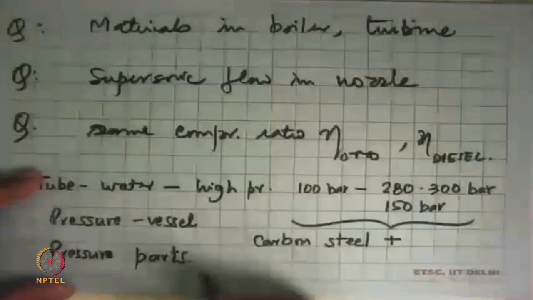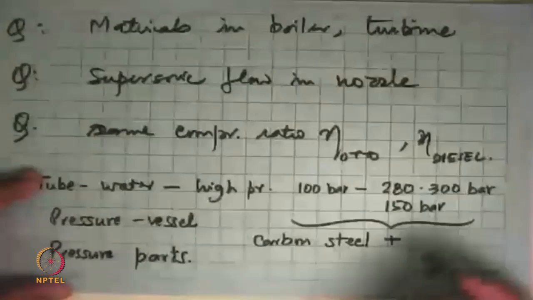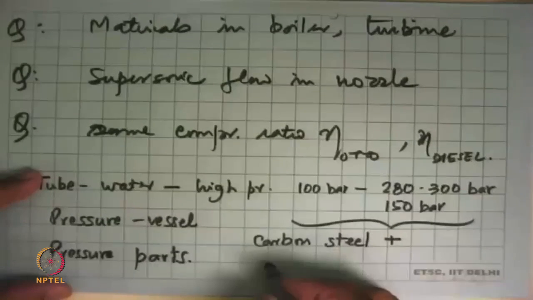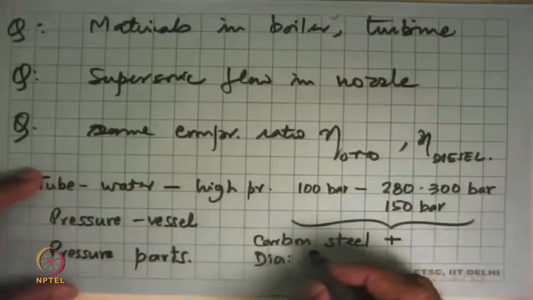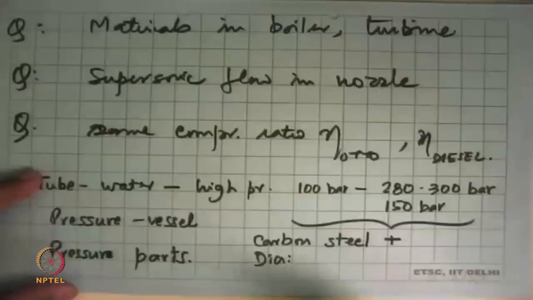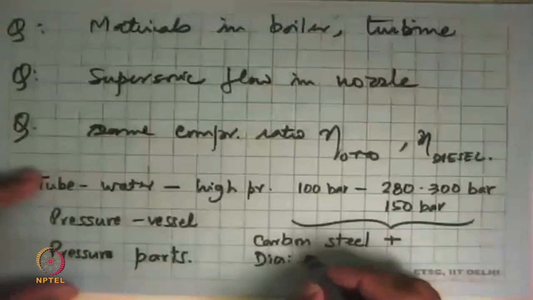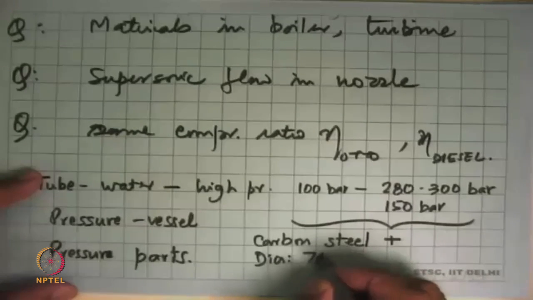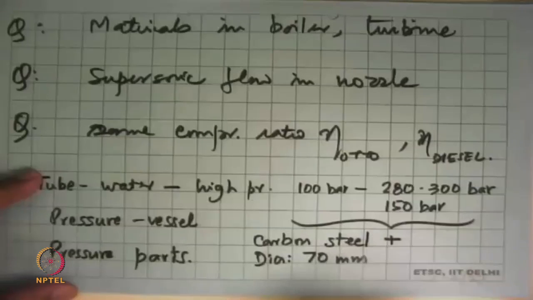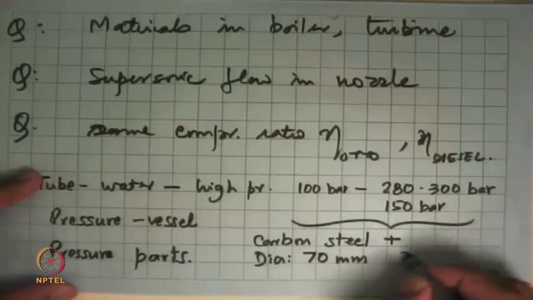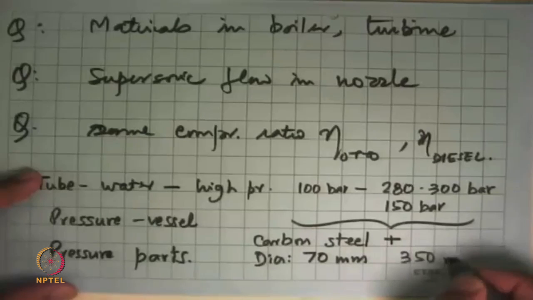Most of these are made with relatively small diameters. The tubes in which water is boiled and evaporated could be maybe 50 to 70 mm in diameter. And the pipes that carry the steam from the boiler to the turbine could be 350 to 400 millimeters in diameter.